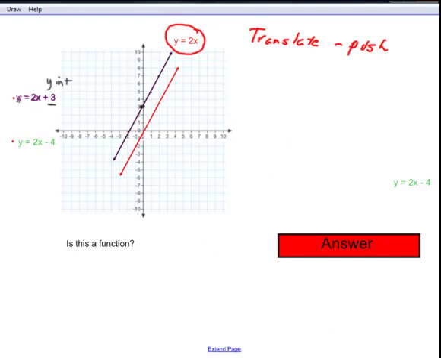So I guess you can already guess what's going to happen to this green one. That's right, because it's a -4. We'll line them up, and it's the same exact line, except it goes through -4.